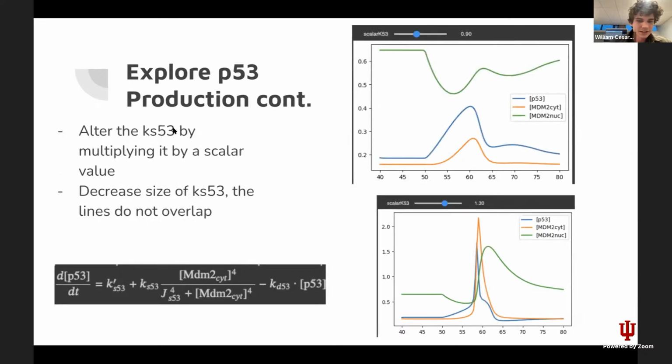I then just want to explore P53 production a bit more. So I adjust KS53 by multiplying it by a scalar, and this is sort of what we expect.